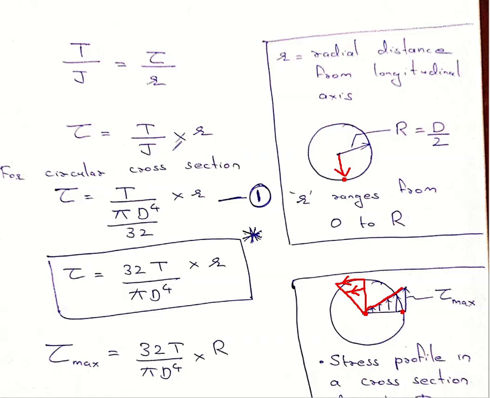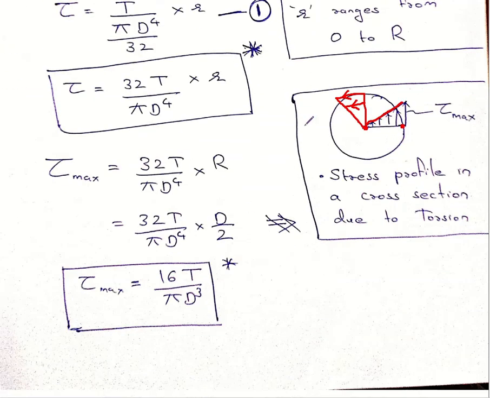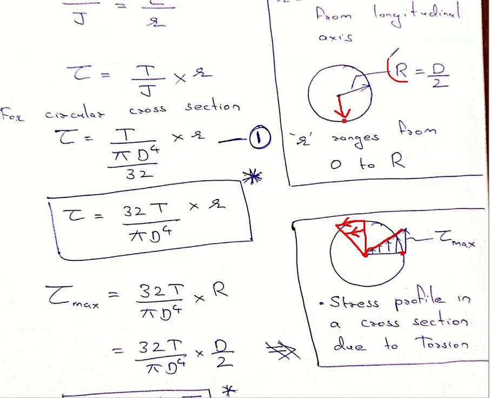Now for a circular cross section, I have already told you in the last video, J, the polar moment of inertia, is pi d raised to 4 by 32. So you can write this form: tau is 32 T by pi d raised to 4 into small r. Now, I have already established that tau max occurs at the circumference, when small r is equal to capital R, and also R is equal to capital D by 2, where capital D is the diameter of the cross section.